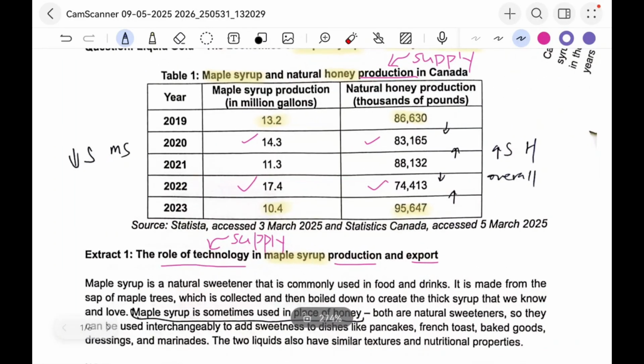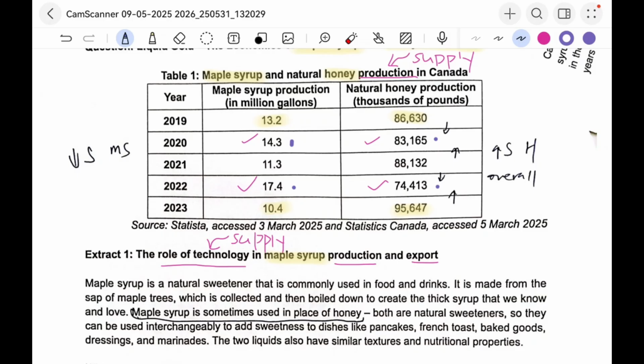You can say that for maple syrup, in between it experiences 2 sharp increase. So one is your 2020 and one is 2022. On the opposite, you can say that there's a decrease, these 2 points. So your 2020 as well and 2022.